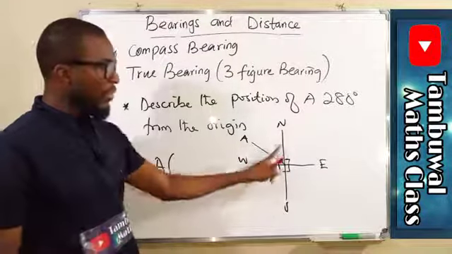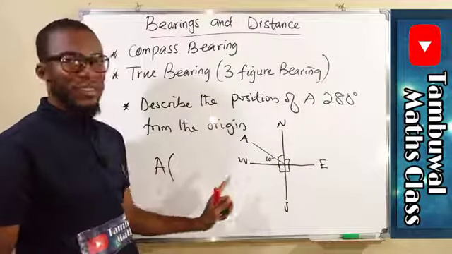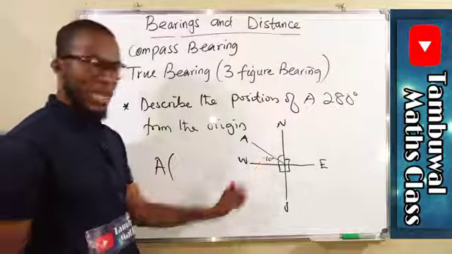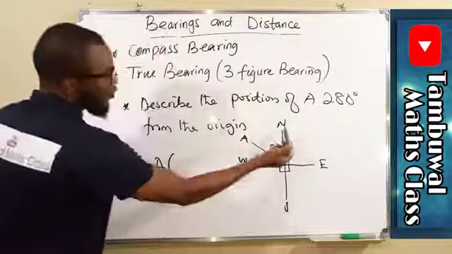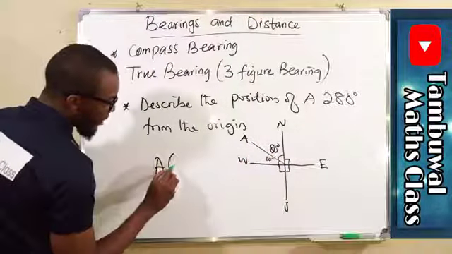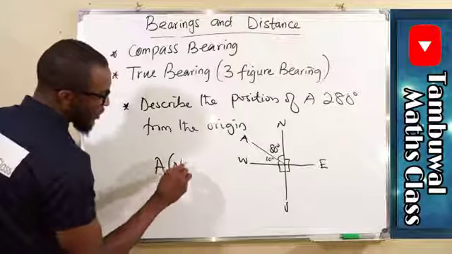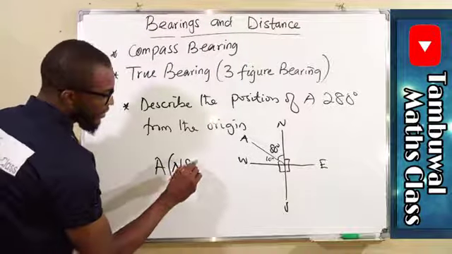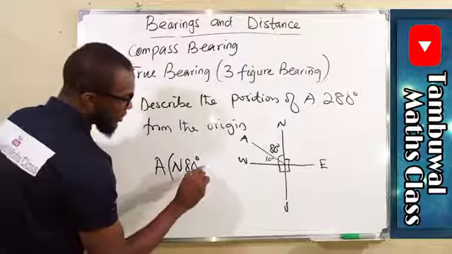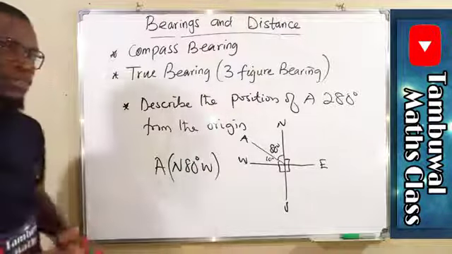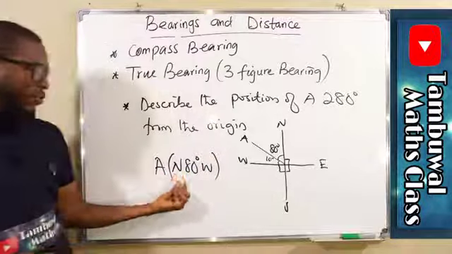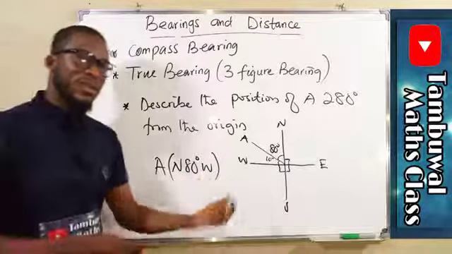The total angle here from north to west is 90 degrees, but we already have 10 here. What is left is 80. So we have to measure it from the north. So we say it is from the north, 80 degrees towards west. So this is what describes this position A, not 80 degrees west.